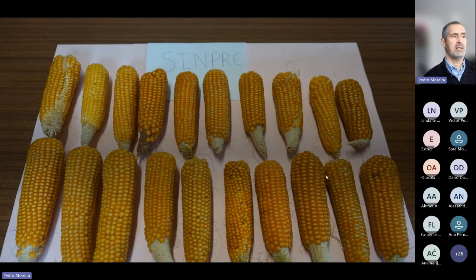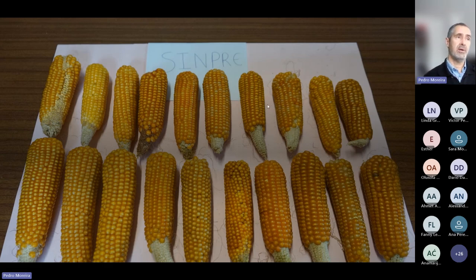This is the Simpre composite. As you can see, it has white, flint, yellow, and also some orange, and we are doing this selection of Simpre under agroforestry and in some farmers' fields.